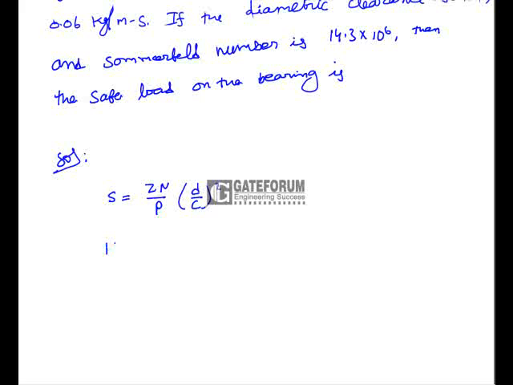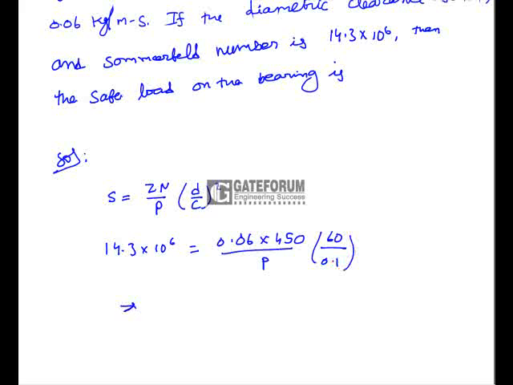Here S is given by 14.3 into 10 power of 6 is equal to Z is 0.06 and N is 450 rpm. We have to calculate the P, and diameter of the journal bearing is 60 mm and diameter clearance is 0.1.